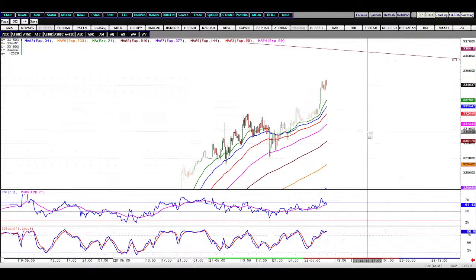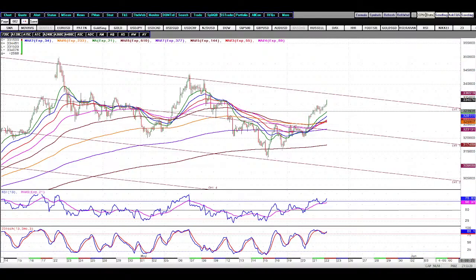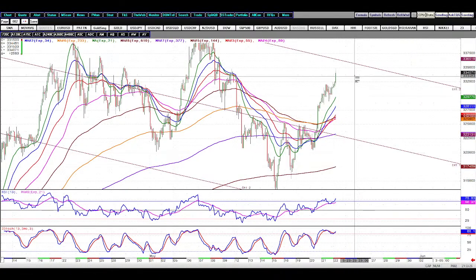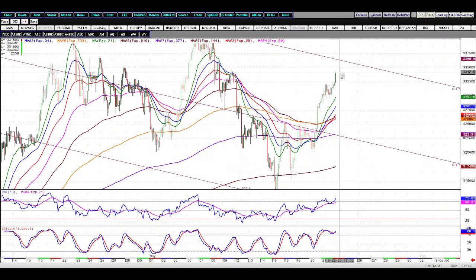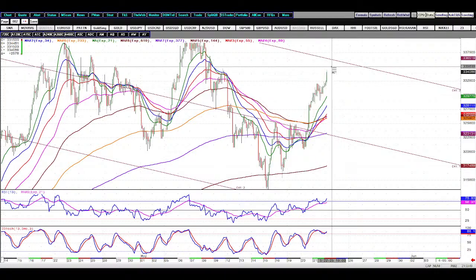Now what I want to tell you is, before I do the thing, the new time belt is going to come into play. When the new time belt comes into play, if we are seeing a strong pullback, it can go as low as 20.